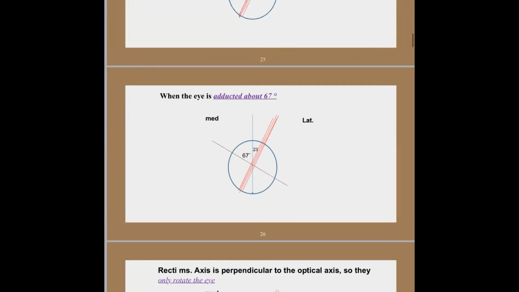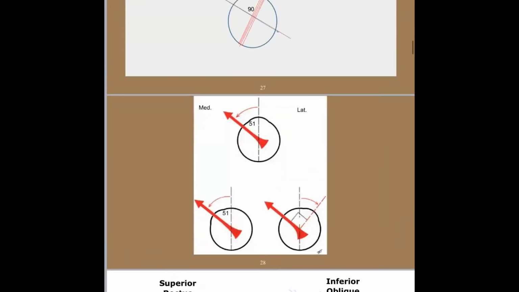The reverse is true for the oblique one. Here, this is medial, this is lateral. In order to be parallel, you have to move the globe medially or laterally? Medially. So here, the main elevator in adduction is what? Inferior oblique, yes, and the depressor will be superior oblique.